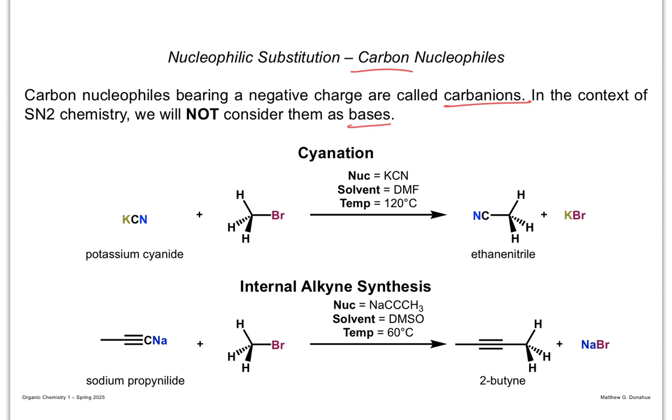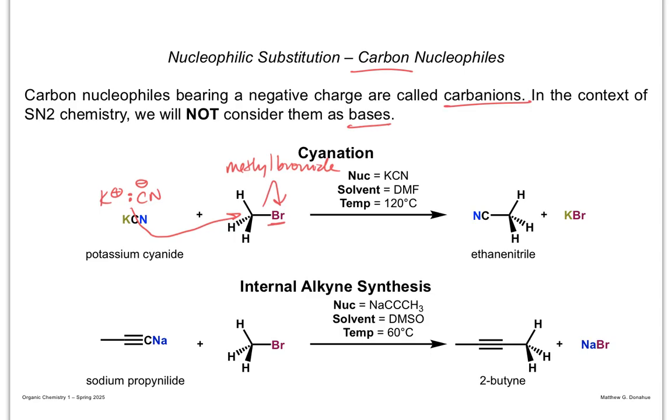So our common starting electrophile here is going to be methyl bromide. And then if we use potassium cyanide, so K+ CN- as the nucleophile, again, that has to attack opposite the carbon-bromine bond. We break that bond.